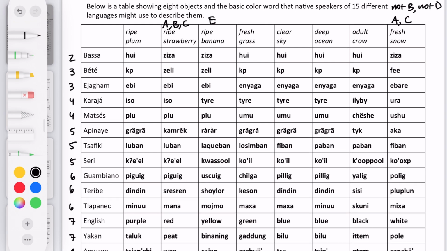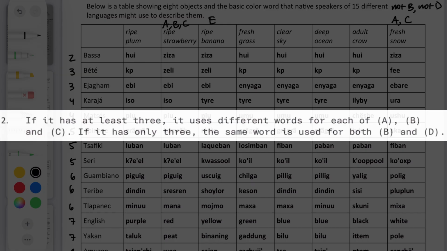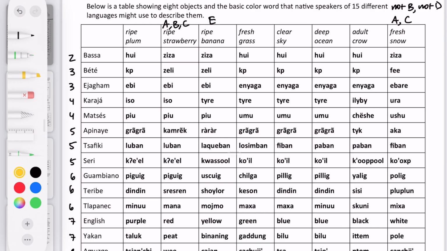So then from there, using the same rule number 2, if a language has 3 terms, the same word is used for both B and D. So let's say that this ripe strawberry column was really B, then Zeli and AB would have to be used for D. So that would mean that this column would have to be D, which is not true because we already proved that it's E. So with that reason, we can say that this column cannot be B.